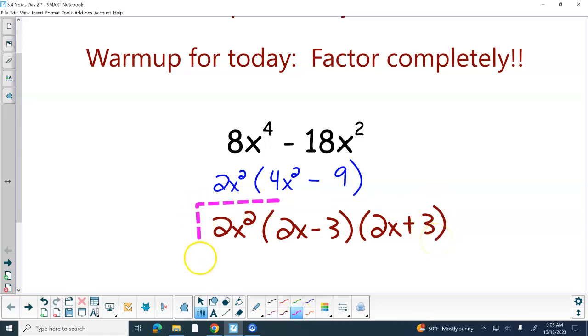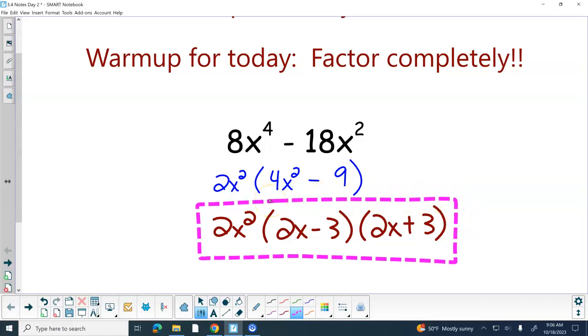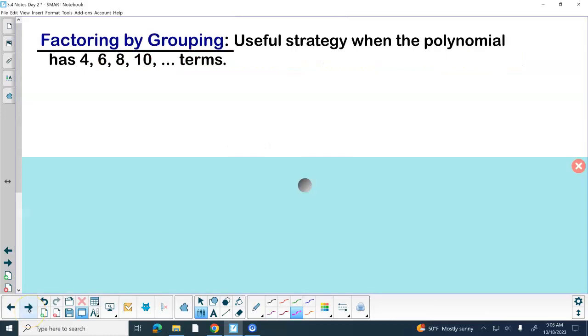If you went plus 3, then minus 3, that's fine too. Order of those doesn't matter. Good?